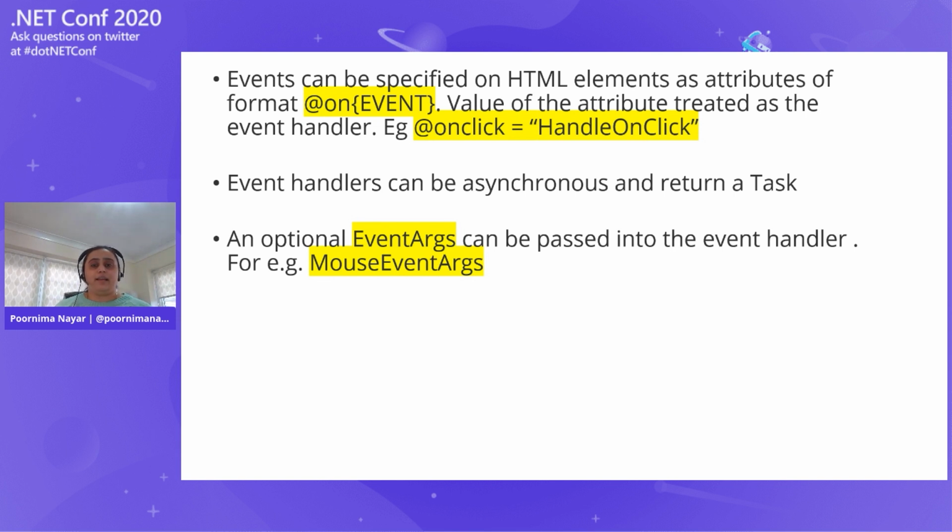So when I execute a click action on the button, the click event handler would run. Event handlers can return async and a Task. Even though the event handlers do not expect any arguments, you can pass them optional event args, like MouseEventArgs or KeyboardEventArgs, if you wish to understand more about what caused the event, or say which key was pressed.